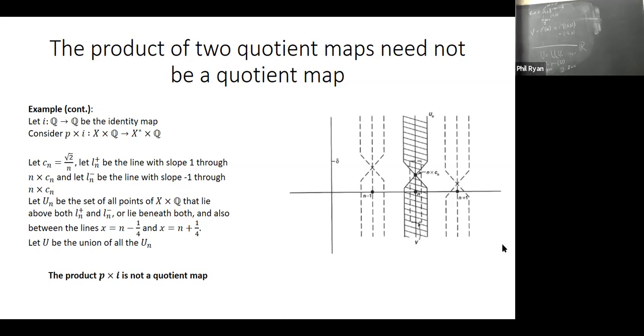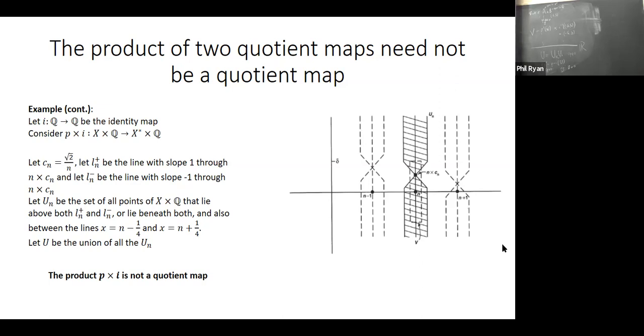But the thing is, of course, you see that if we choose n big enough, such that C_n, n square root of 2 on n, is less than delta, then you can see straight away that there are points in V which are not in U_n. And so that's a contradiction.